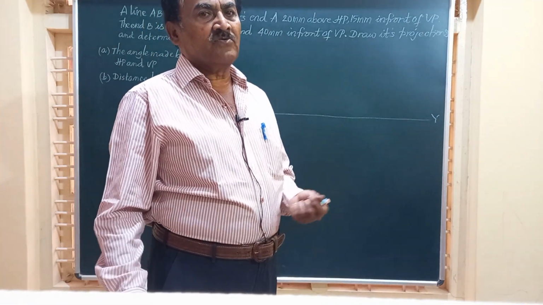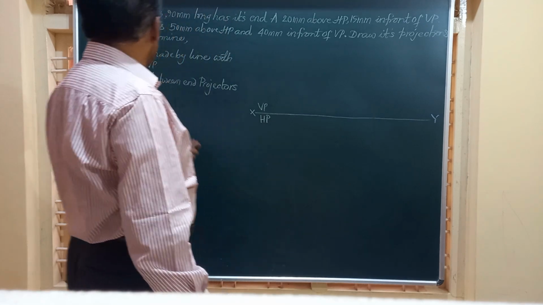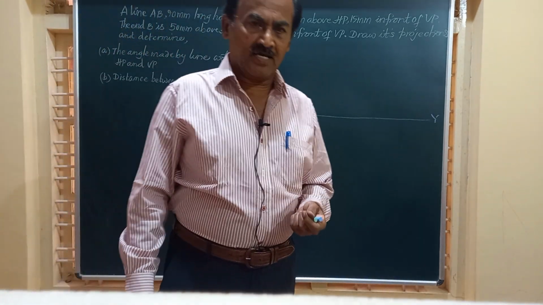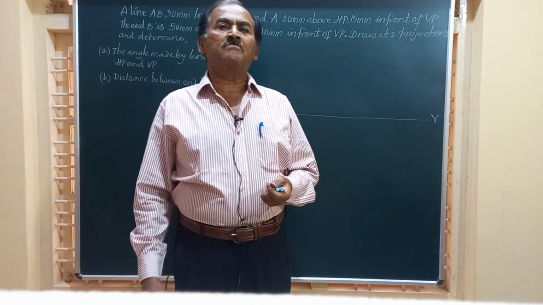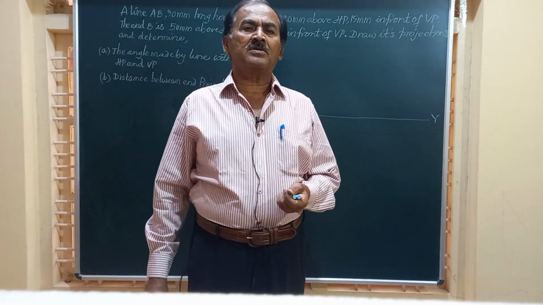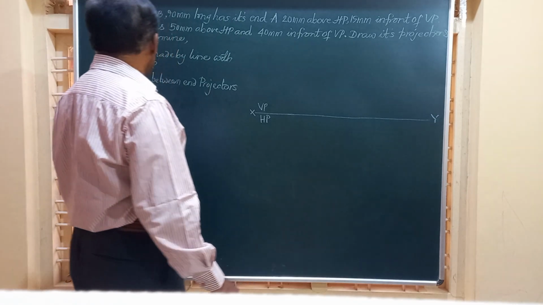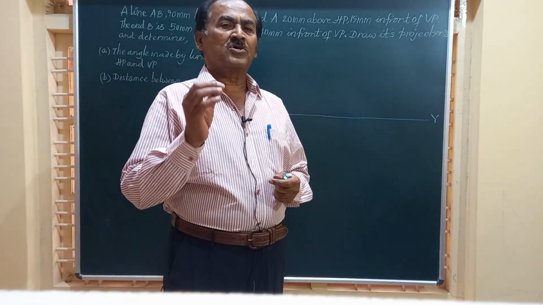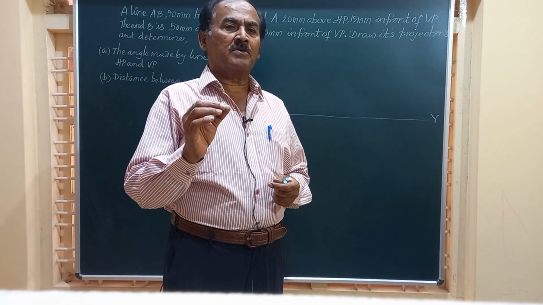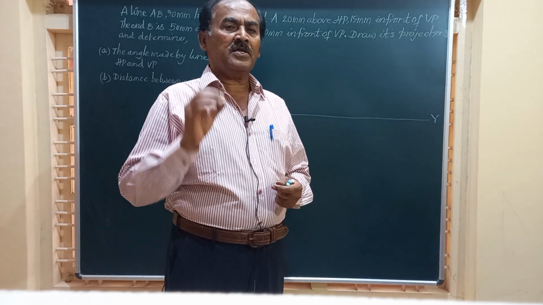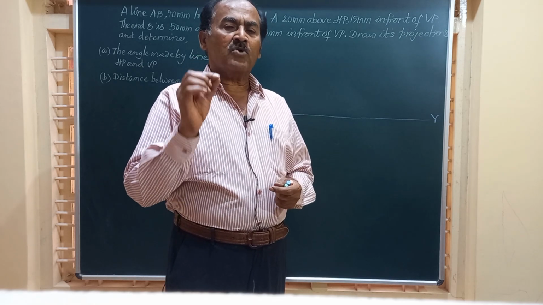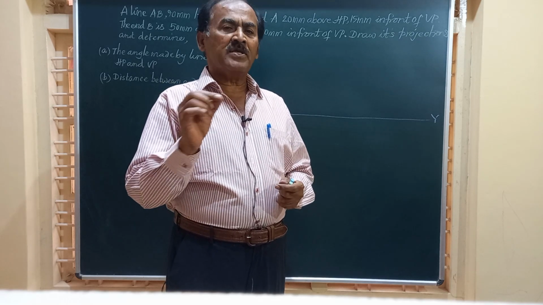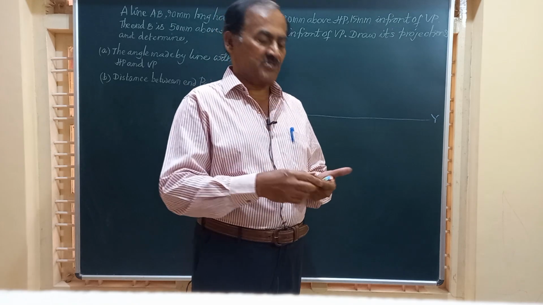And friends, we are required to find out the parameters like the angle made by the line with the HP, the angle made by the line with the VP, and also what is the distance between end projectors. Friends, we will go through the problem slowly, and whatever data is given in the question, we will implement that in the question.